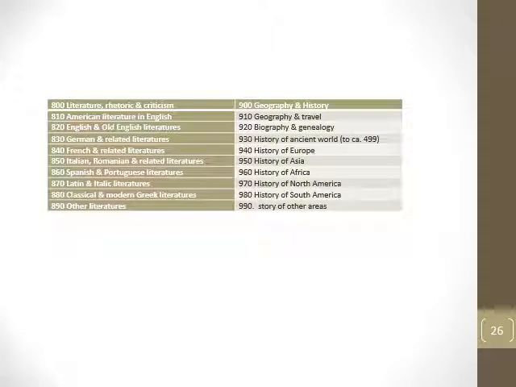Similarly, in the class of literature, rhetoric, and criticism, it starts from 810 and ends in 890 with other languages. And lastly, the class of 900, geography and history, which starts with 910 geography and travel, and 930 up to 990, which ends with history of other areas.